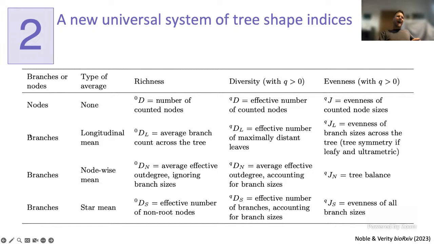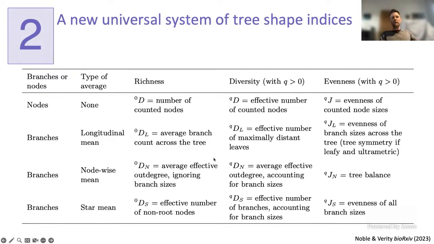If you average down the tree, across the tree, rather, as you go down it, then what you get is the longitudinal mean, and this gives you ways of looking at the average branch count across the tree, or the effective number of maximally distant leaves, or the evenness of branch sizes across the tree, which can relate to symmetry as well. If you take the node-wise mean, which we were talking about previously, then you get measures of average effective out degree, so the bushiness of the tree, or tree balance.